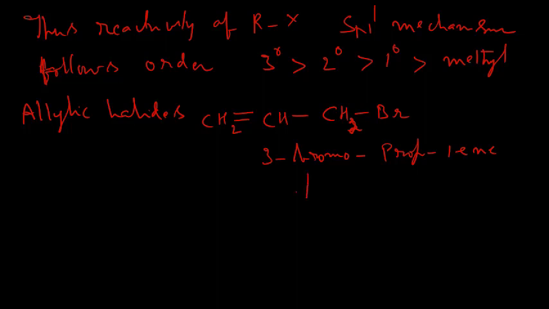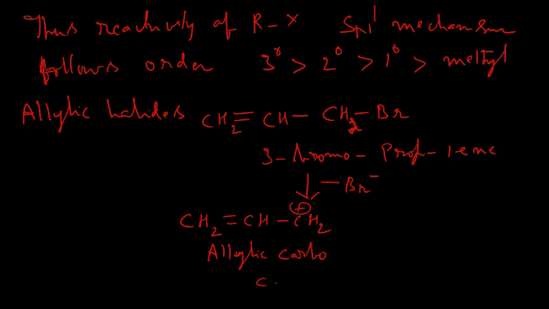When this allyl bromide loses the halide ion, that is the bromide ion, we get CH2=CH-CH2 plus. The positive charge forms here. Therefore, this is an allylic carbocation. In this allylic carbocation, the positive charge shifts to this carbon atom. Therefore, we get CH2 single bond CH double bond CH2. So the positive charge comes here. Therefore, these two are resonance structures.